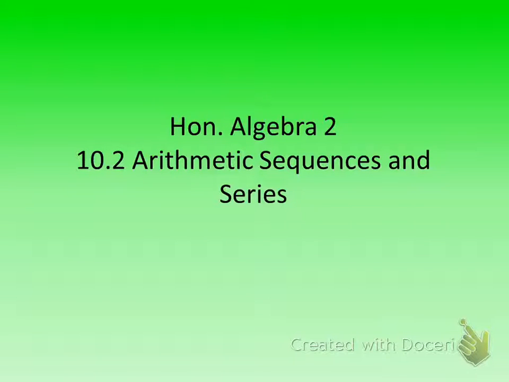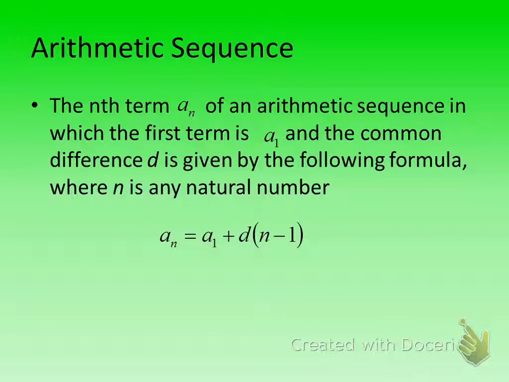10.2. This is the lesson where we start talking about arithmetic sequences a little bit more, and then we throw the series in there too. So here we go. The definition of an arithmetic sequence, specifically the nth term a sub n of an arithmetic sequence in which the first term is a sub 1 and the common difference is d, is given by the following formula. They changed the formula we talked about yesterday.